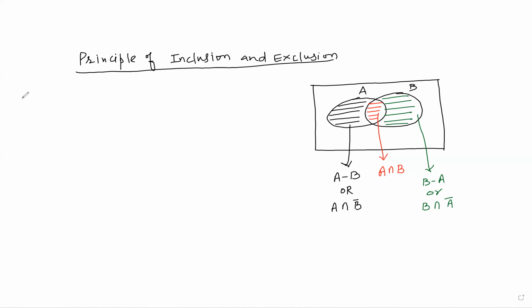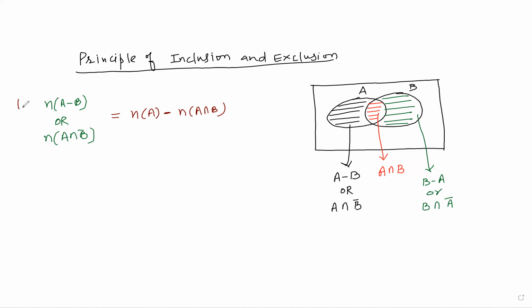Now, clearly, the numbers in A minus B, or I can say the numbers in A and not B. इसका मतलब यहां पर यह है कि we wanted to find the size of A minus B. And clearly from the diagram, the size of A minus B is size A, means number of elements in A, reduced by numbers in A and B, right?